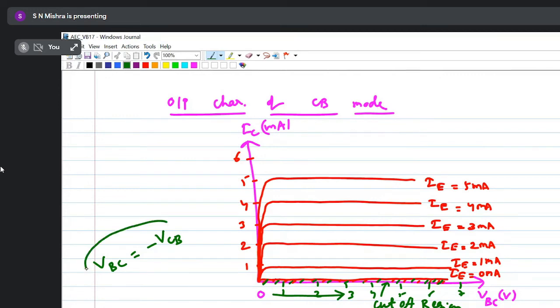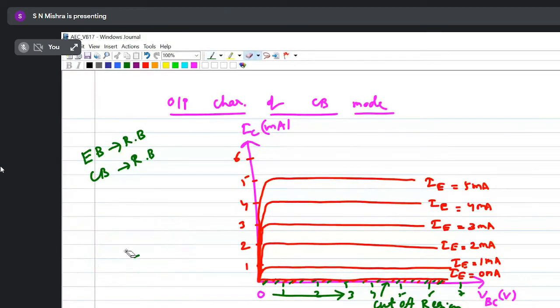So I'm giving reverse voltage here. So tell me, for this condition, which type of bias is the emitter base junction and which type is the collector base junction? The emitter base junction is open circuited, or I can say reverse biased, and the collector base junction is also reverse biased. When both the junctions are reverse biased, we get leakage current, and this region is called the cutoff region.